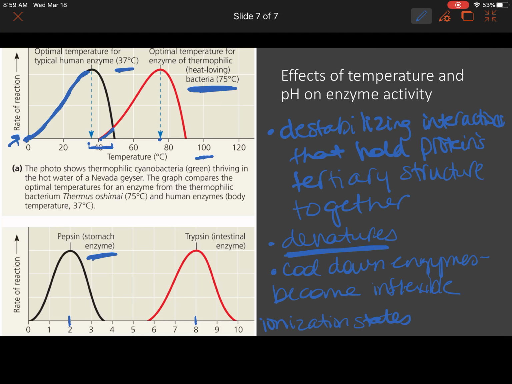Well, when you change the pH, different chemical groups are going to lose or gain hydrogen ions, and it's going to disrupt those hydrogen bonds and ionic bonds that hold the tertiary structure together. So changing the ionization states is another way to destabilize those interactions that hold tertiary structure together. Okay, so temperature and pH are just two examples of environmental conditions that can affect enzymes.